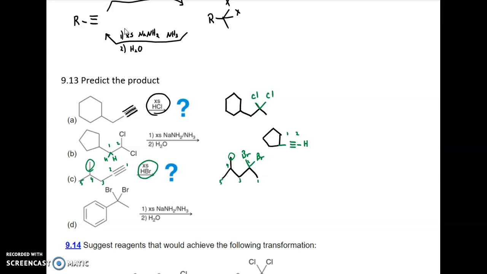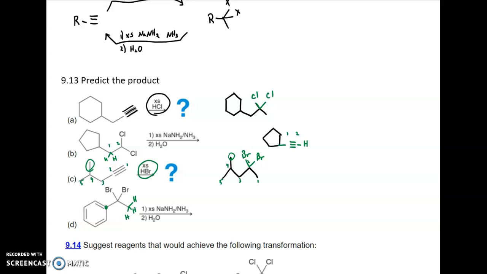Okay, so here we're going to make a triple bond. We're going to need to pull off hydrogens. We don't have any hydrogens in this position, but we've got a couple of very convenient ones here.